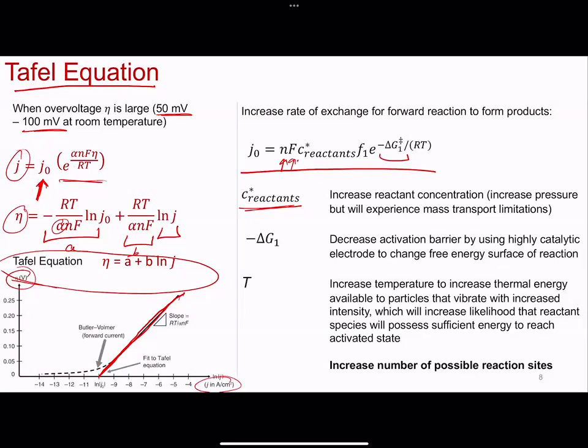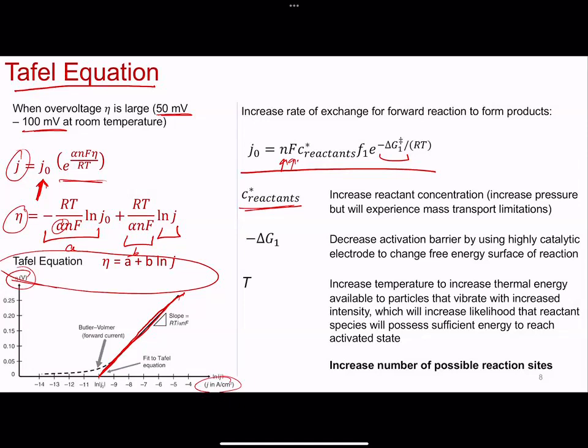You can increase the amount of reactants. You can just have more gas. That's fine. But the offset is if you're pumping in a lot of gas, at some point the gas is not moving fast enough through your material. Let's say maybe your material isn't porous enough. There's going to be diffusion limitations, in which case mass transport will be limited. So it doesn't matter if you're just pumping in a lot of fuel, your electrode can only do so much work.